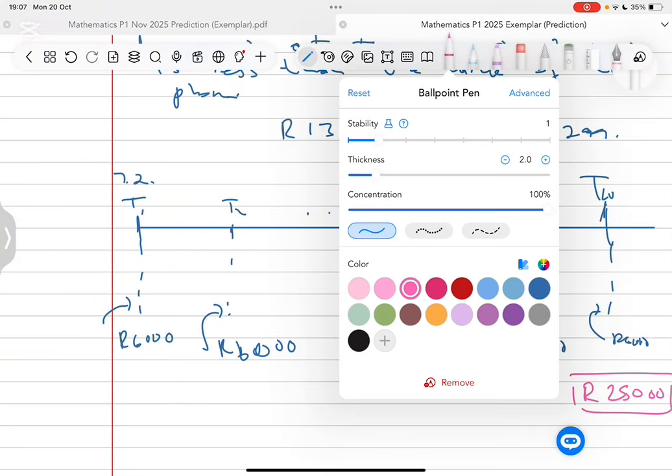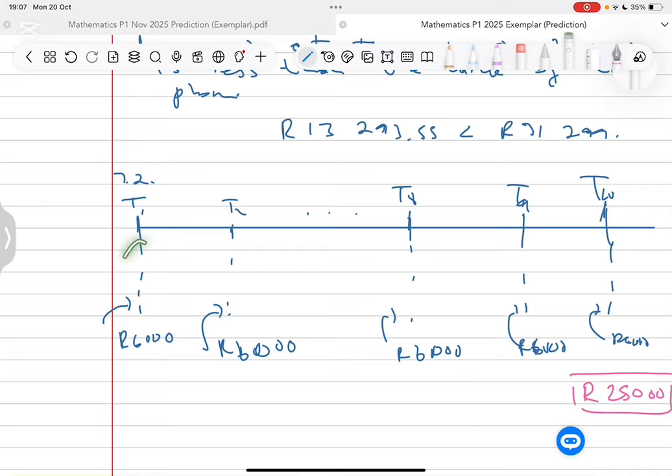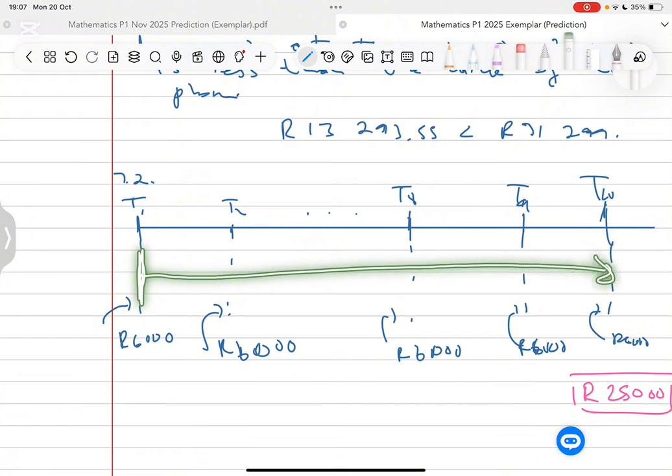So for instance, if you look at the first payment that is being made here, this payment will stay in the account for a period of 9 years, because remember, it will stay from the beginning of year 1, and it will stay in the account until the beginning of year 10.